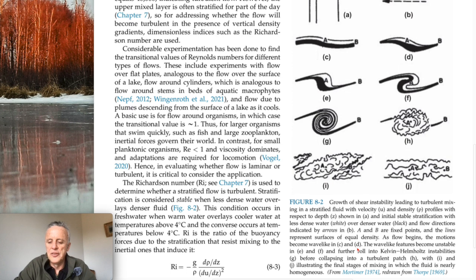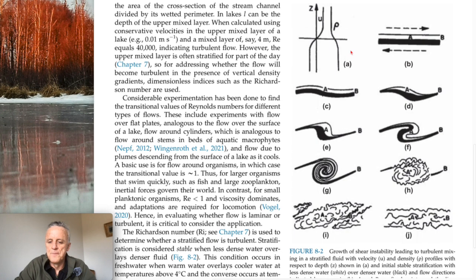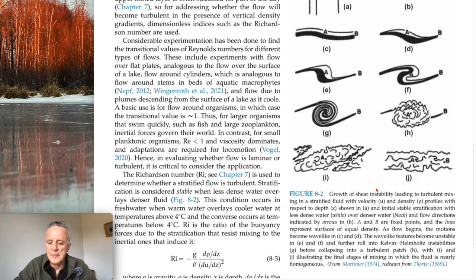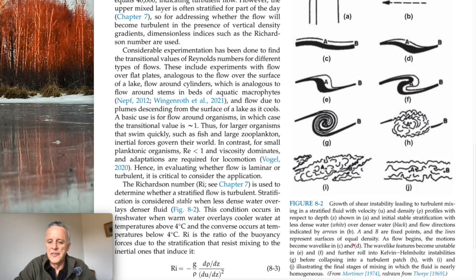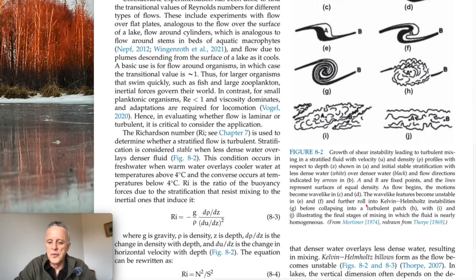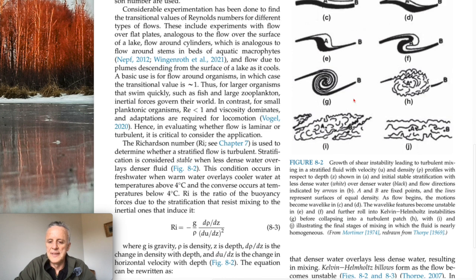As flow begins, the motion becomes wave-like, C and D. The wave-like features become unstable in E and F, and further roll into Kelvin-Helmholtz instability G, before collapsing in a turbulent patch H.